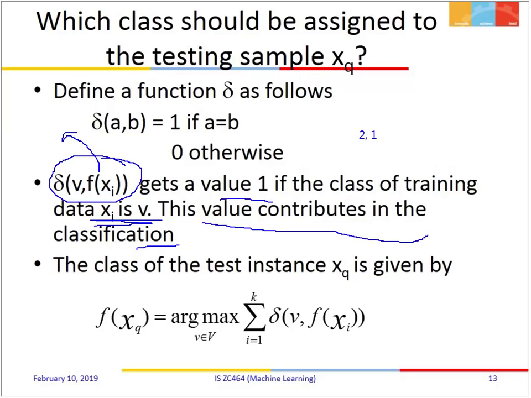You can look at this particular term, which is summation of all these data values over i. i is ranging from 1 to k. K is nothing but all those values.